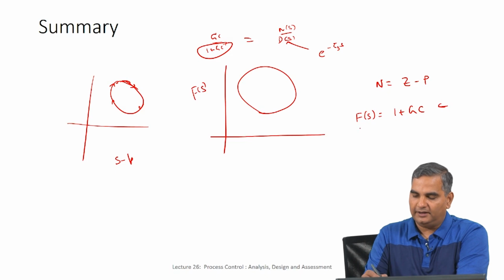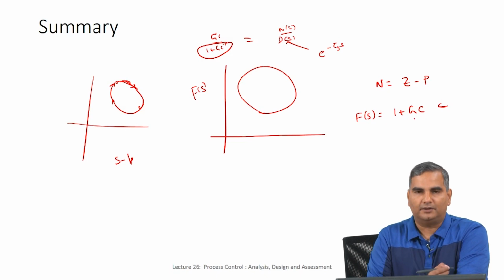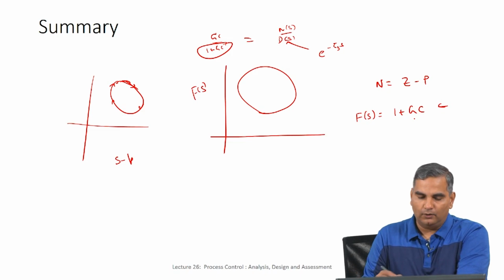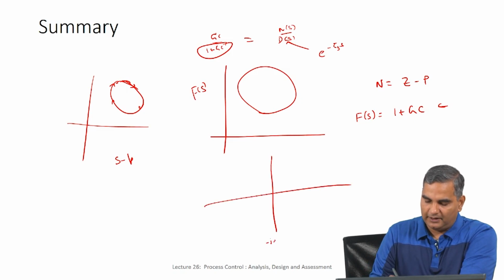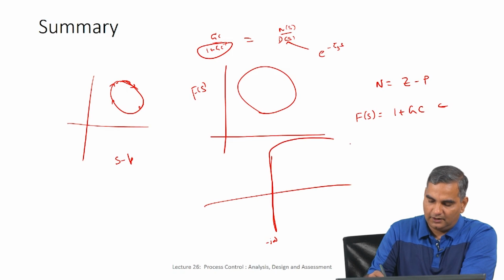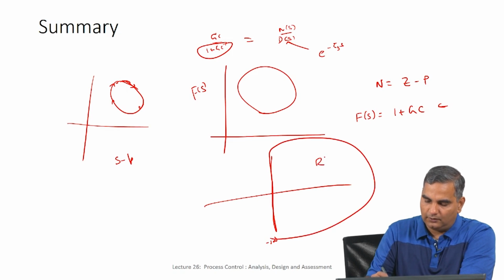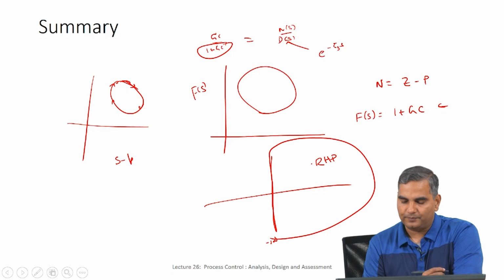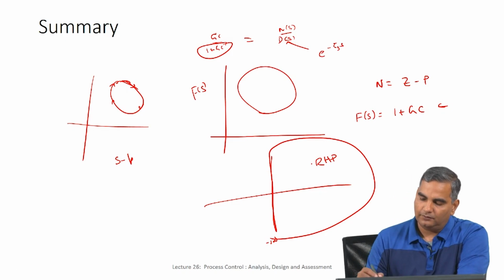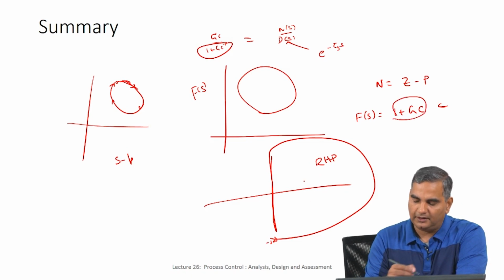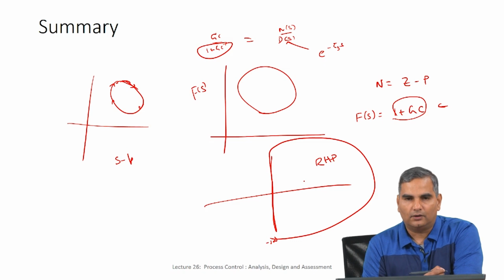So, by making this f of S 1 plus GC, we came up with the result saying the number of clockwise encirclements around origin is Z minus P, but now the S plane contour is something that we take which is from minus j infinity all the way up to j infinity and this long. So, this encompasses all of RHP. So, if we are able to show that this 1 plus GC has no zeros in the RHP, then we are able to show that the closed loop is stable.